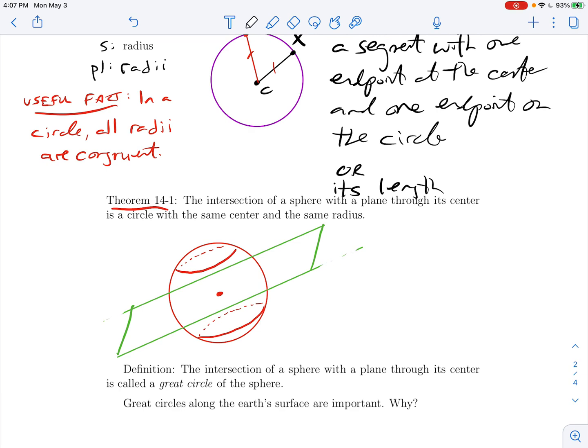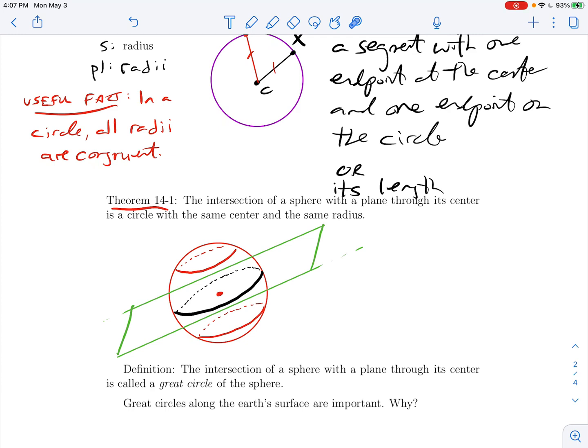Another way of imagining this, imagine you had like an orange and you're taking like a cleaver and cutting straight through in a way where your slice goes through the center. The shape of that slice will be a circle. And it'll be a circle centered at the center of the sphere with a radius that's the same.